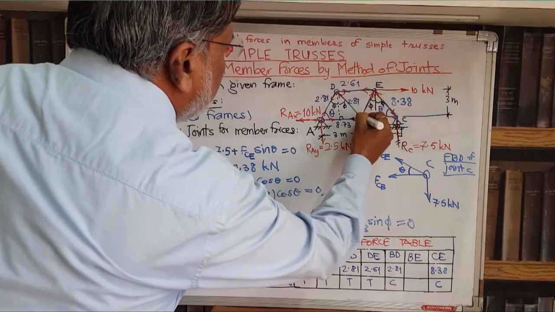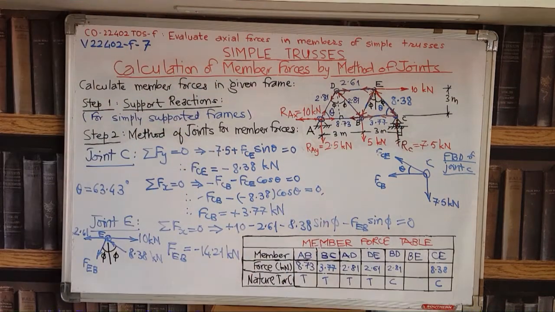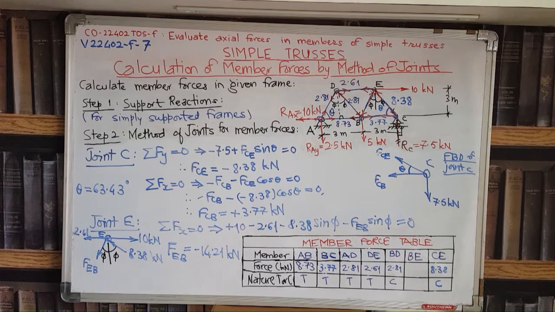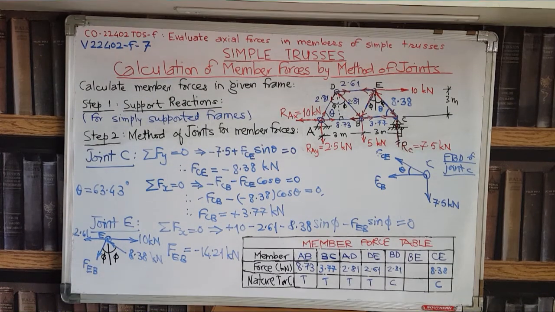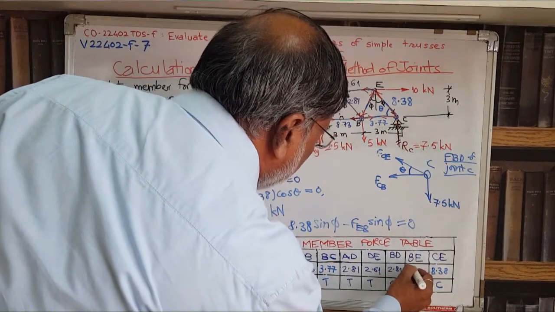So its counterpart comes here. And the value is 14.21. I am not writing that value there because that will become very clumsy. So in the table, it will be BE 14.21.